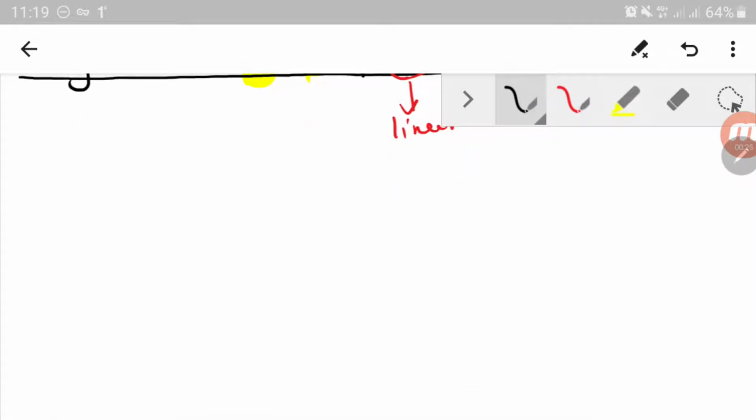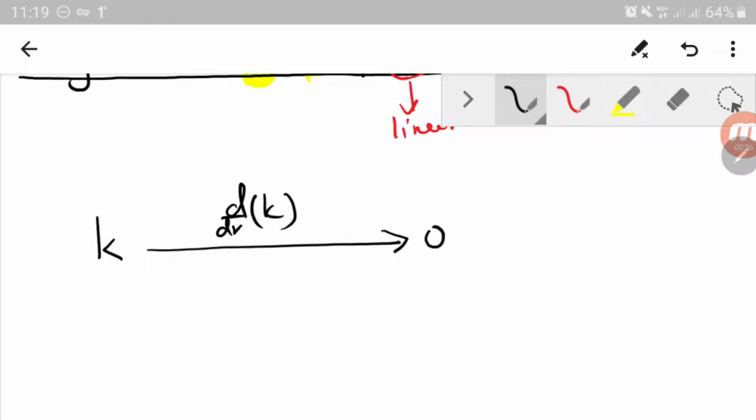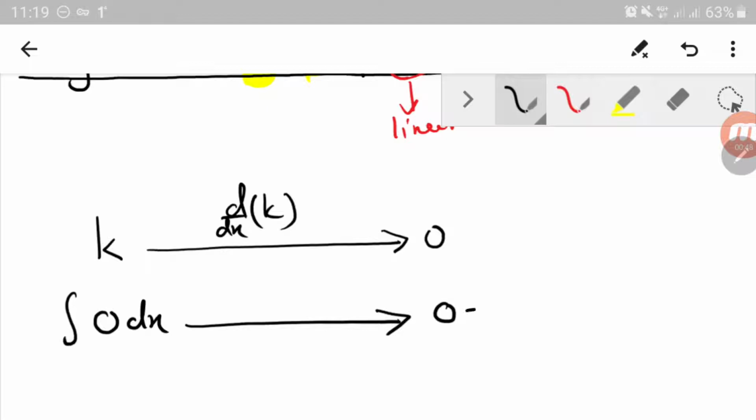Now, first things first, when we differentiate k, it becomes 0. So when we differentiate k with respect to x, it will become 0. What happens if we integrate 0 with respect to x? It will become 0, but we need to add c.